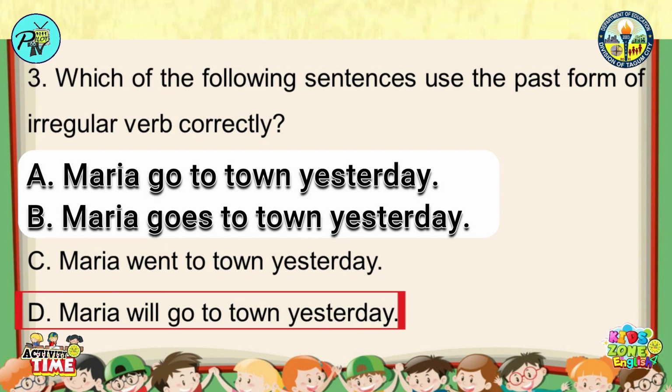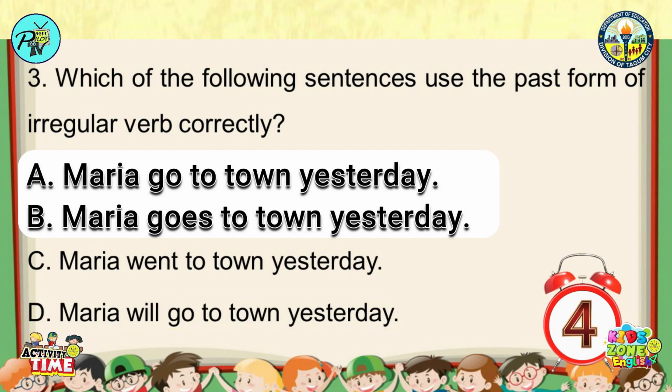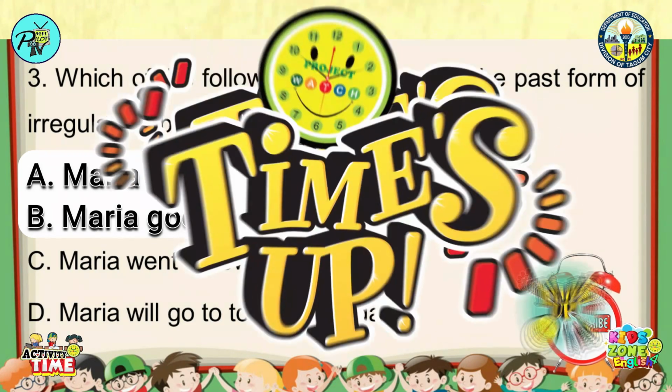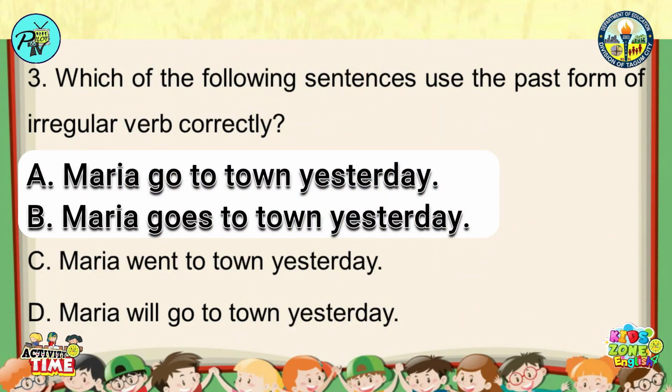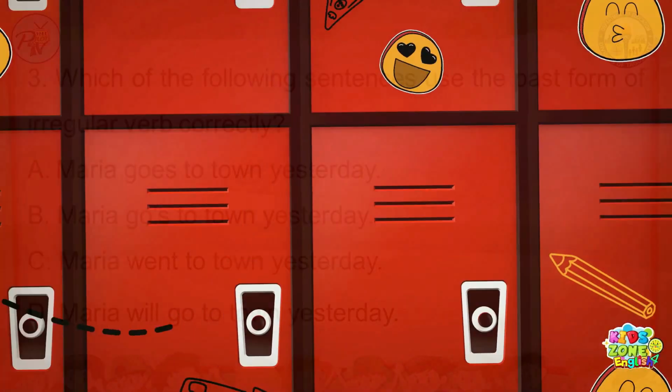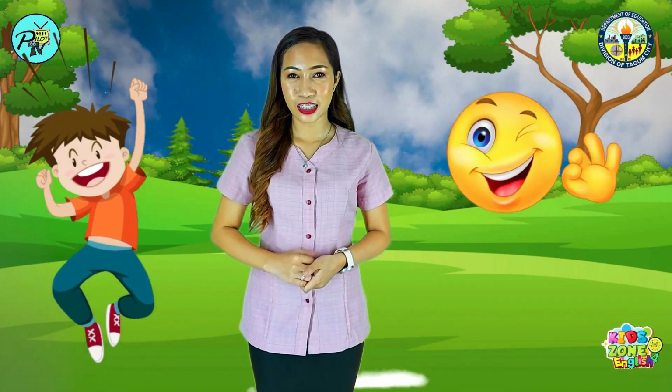D. Maria will go to town yesterday. Time is up. What is your answer? The answer is yes, letter C. Maria went to town yesterday. Great job! Did you get it all right?